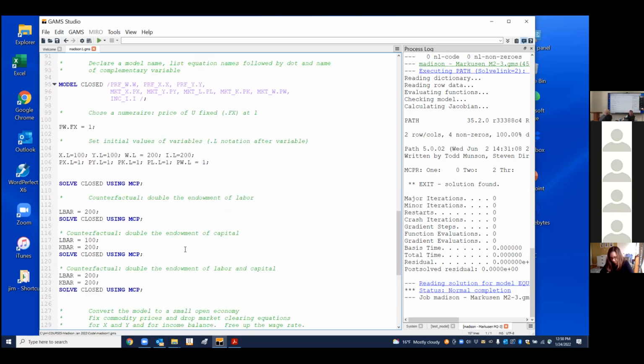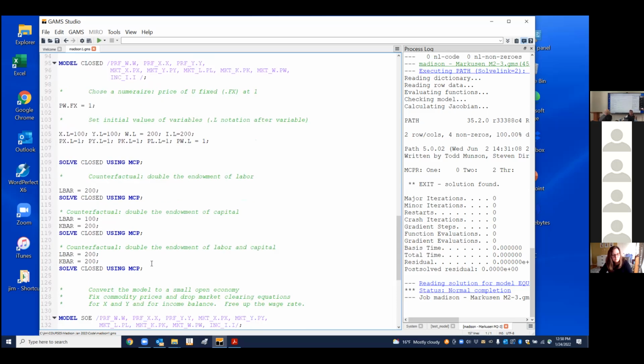Intuitively, this is a very symmetric model, so doubling capital and doubling labor should just be mirror images of each other. Also, everything has constant returns to scale, so if you double them all, the level variables should double and the price variables should not change. A really good learning experience for me was to do things where I knew the answer.